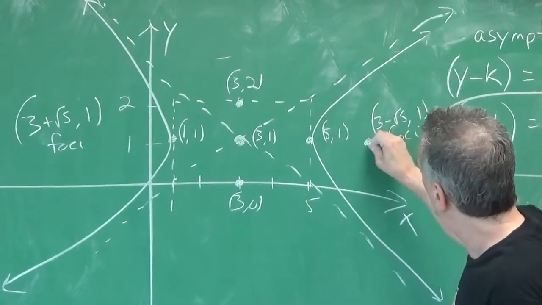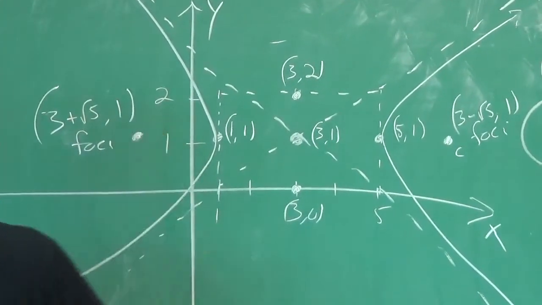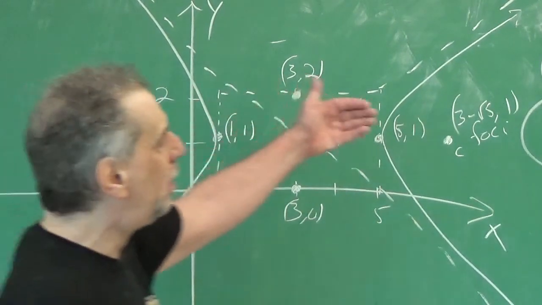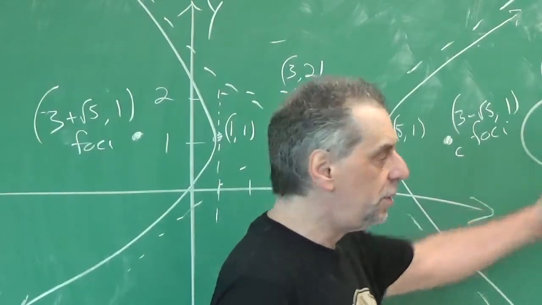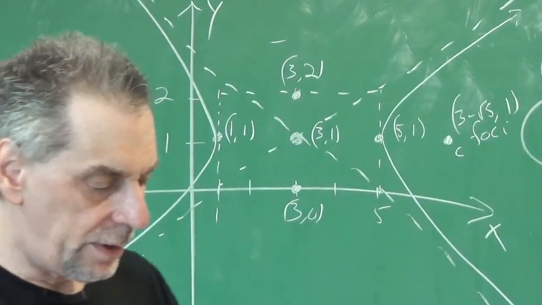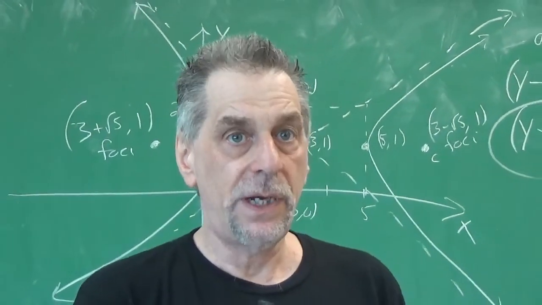All right, the C's. Put it over here, I guess. All right, so the A value, the B value, the C value, these are the important things. Being able to come up with the equations for the asymptotes and getting somewhat of a graph of the hyperbola. Okay. That's it for 7-2.